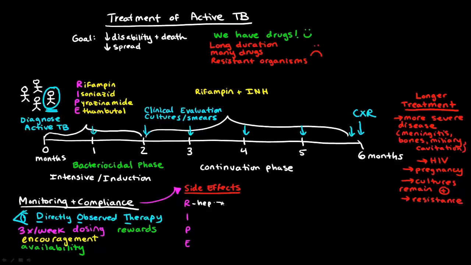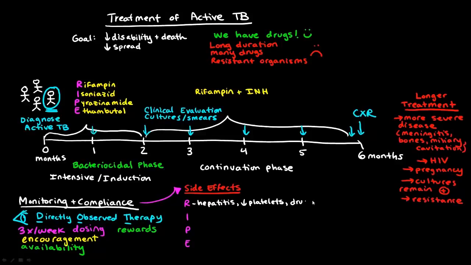And so if a patient develops clinical symptoms that you think may be hepatitis, they get jaundice, for example, you have to recognize that rifampin is one possibility. Another side effect of rifampin is decreased platelet counts, that is thrombocytopenia, and you need to be aware of that.